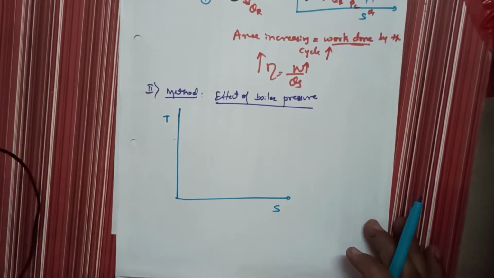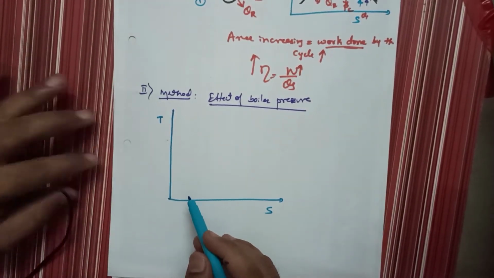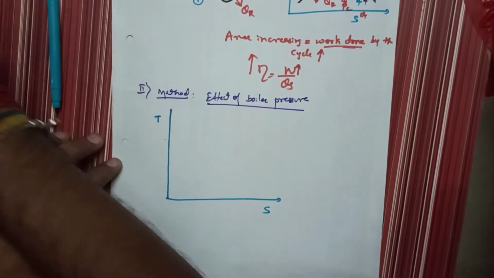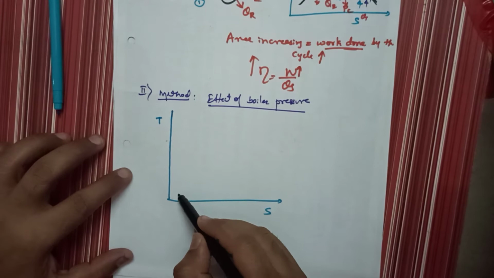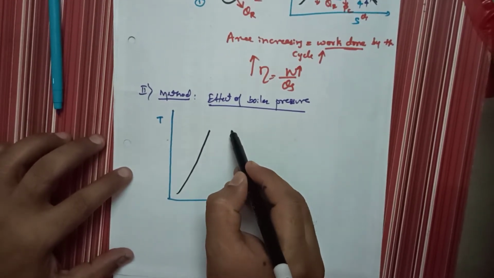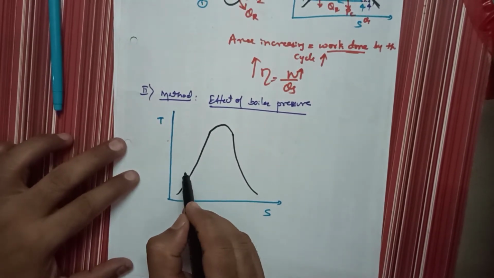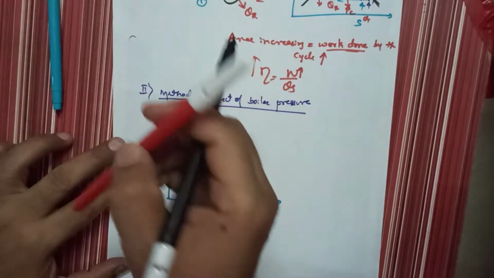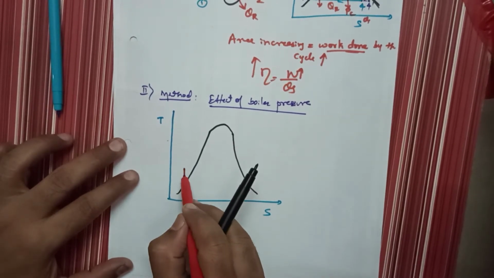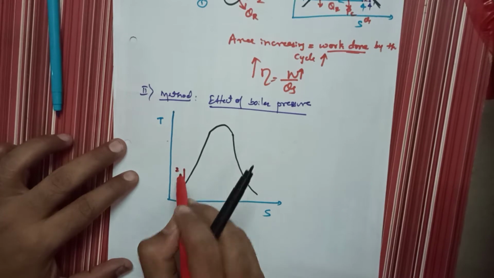In the TS diagram, this is the saturated liquid line, the saturated vapor line, and the dome shape structure. Now I will draw 1 to 2, that is the pump. This is 1, this is 2.